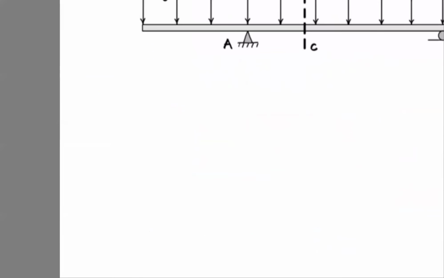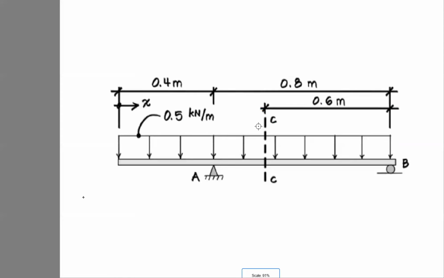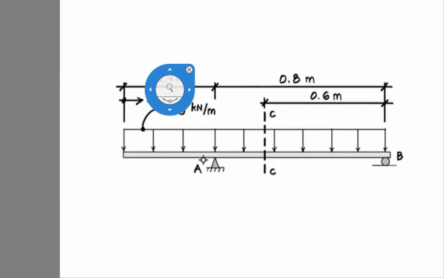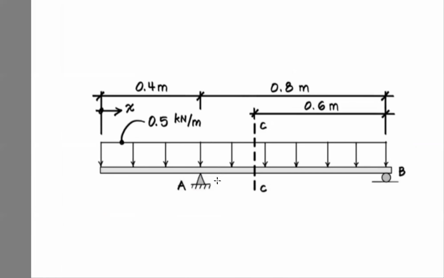What that tells me is that if I was building this beam in real life, and let's say I didn't have enough material to go the full 1.2 meters. Okay, so I'm building this out of wood or something, and I have some scraps. I don't have anything that long. I'm going to have to splice it together.